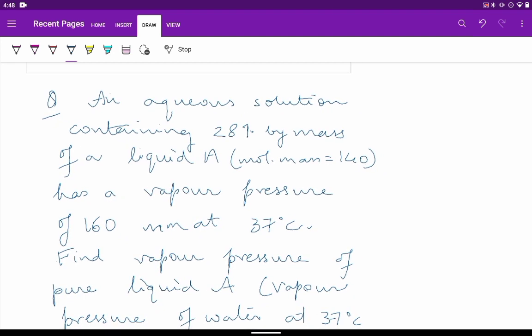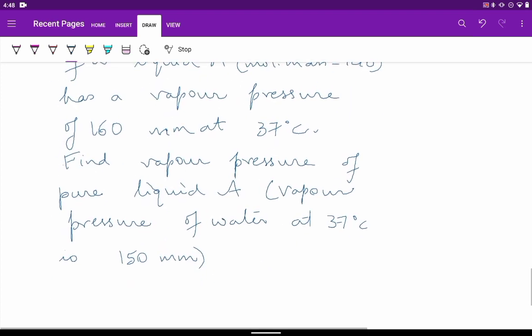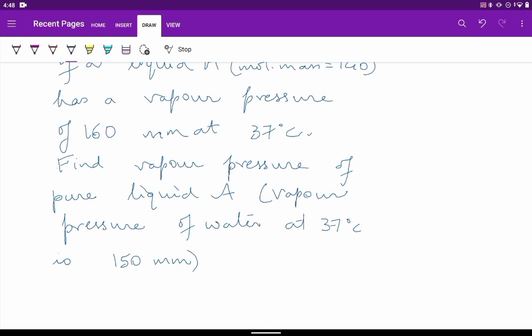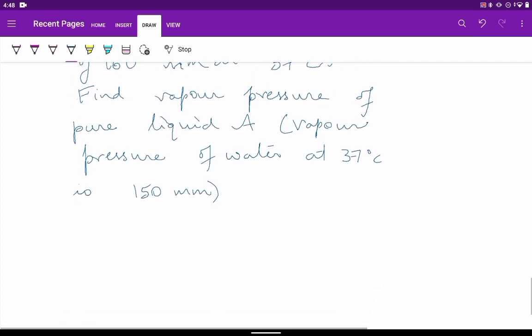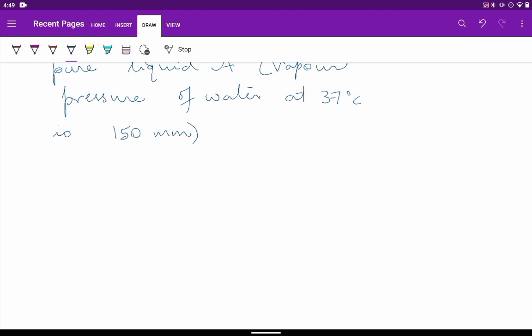The numerical states that an aqueous solution having 28% by mass of a liquid A, whose molecular mass is 140, has a vapor pressure of 160 millimeter at 37 degrees C. Find the vapor pressure of pure liquid A, given that the vapor pressure of water at the same temperature, 37 degrees C, is 150 millimeter.